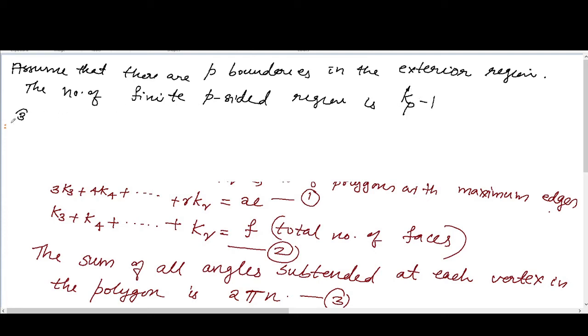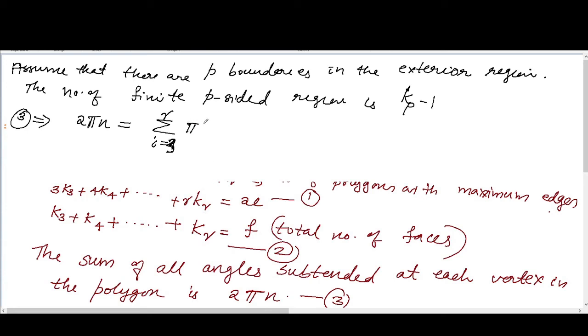So now equation number 3 can be represented in this way. 2 pi n is equal to the sum of all interior angles of f minus 1 finite regions. So here we will have sigma i varies from 3, so the minimum value of i is 3 to r.